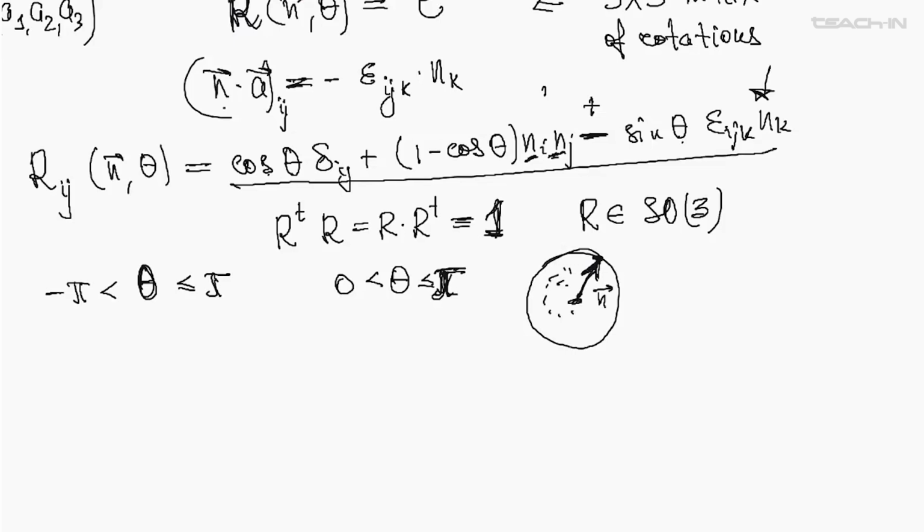Any point inside this ball of radius pi will represent a certain rotation in the direction specified by the line connecting the zero point with the point inside the ball, and the rotation angle will be given by the length of the interval connecting this point with the origin.